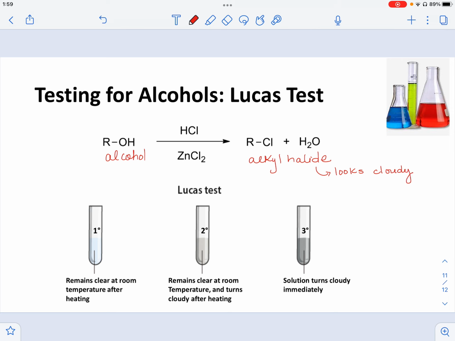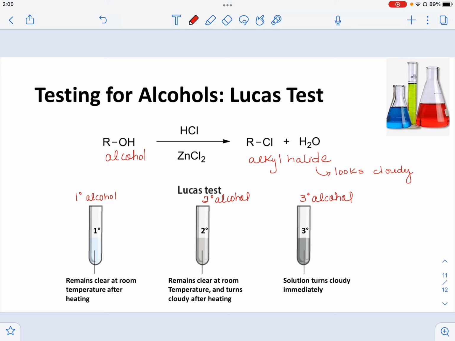So the indication of a cloudy solution will tell you that the reaction proceeded. You will be looking at the YouTube videos, and in the Lucas test, you can differentiate between a primary alcohol, a secondary alcohol, and a tertiary alcohol.